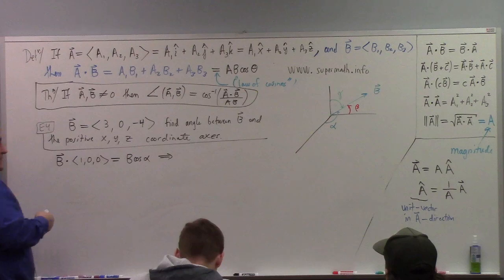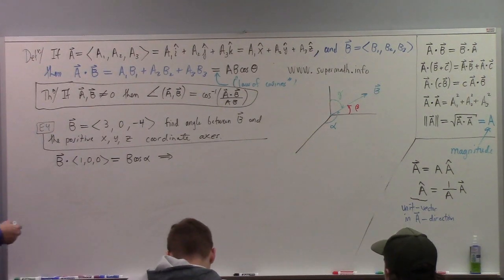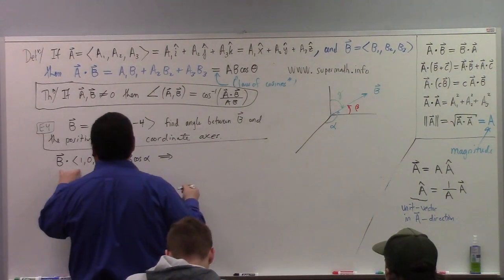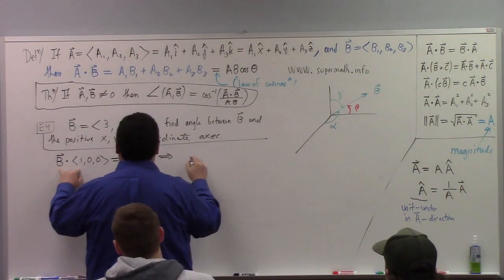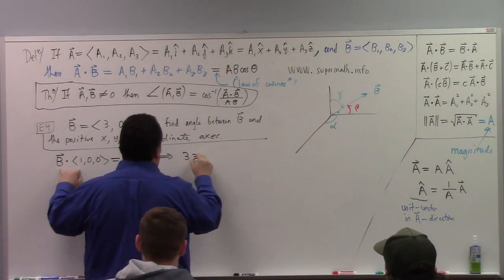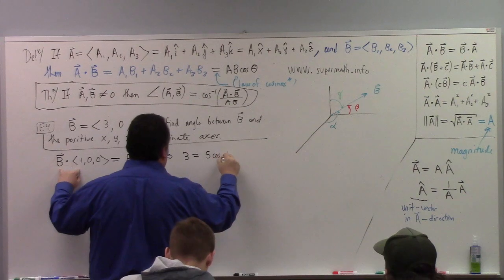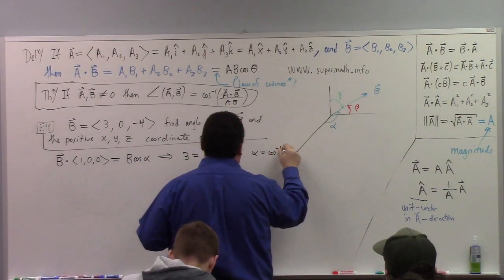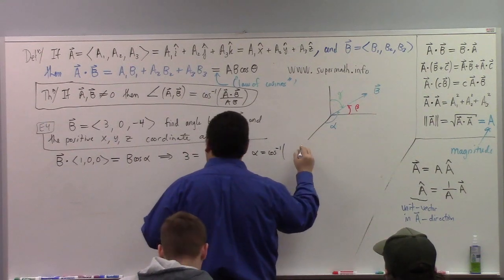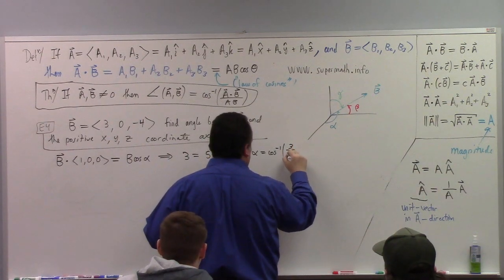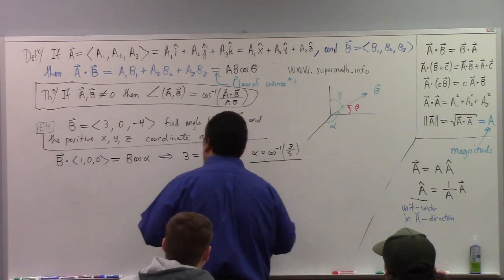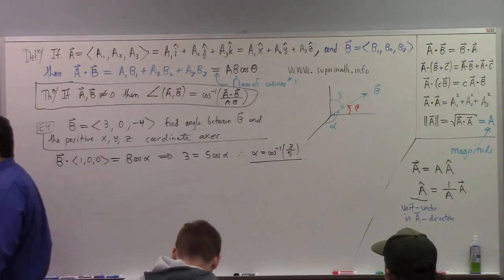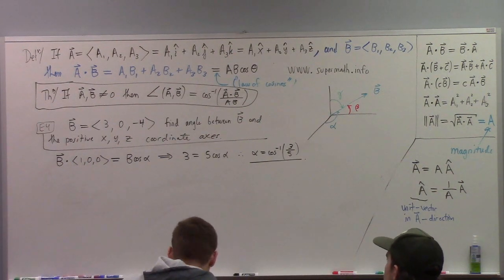You guys tell me. I heard a 5. I'll accept it. So what's B dot 1, 0, 0? We got 3 is equal to 5 times the cosine of alpha. So alpha is inverse cosine of 3/5, which you could calculate if you want. I don't really feel like it. I didn't get paid enough for today, so.